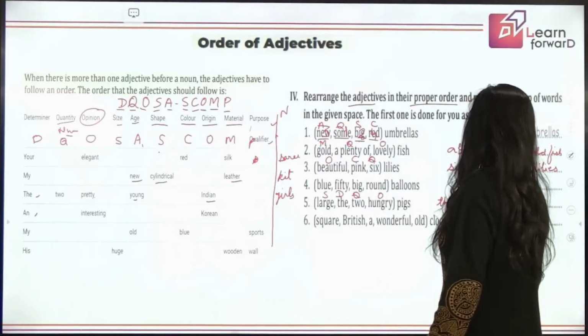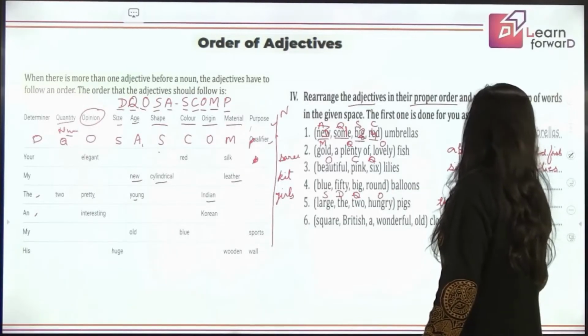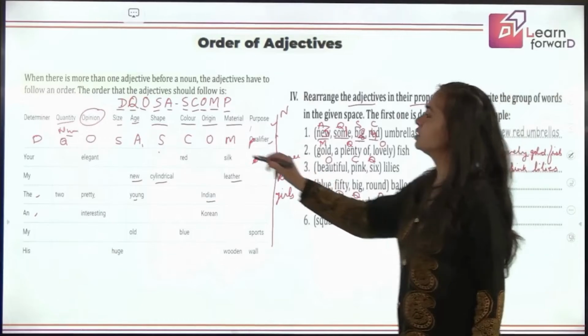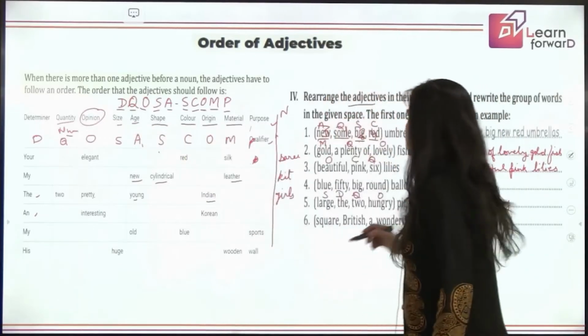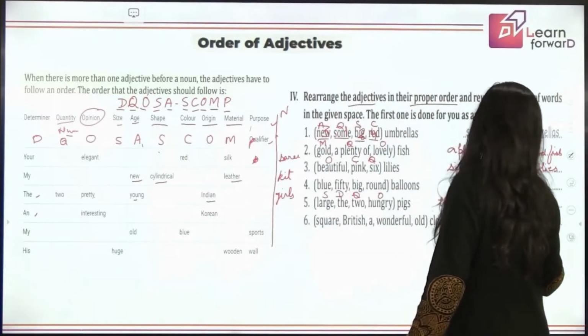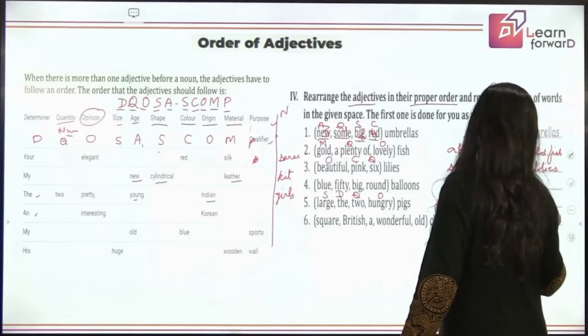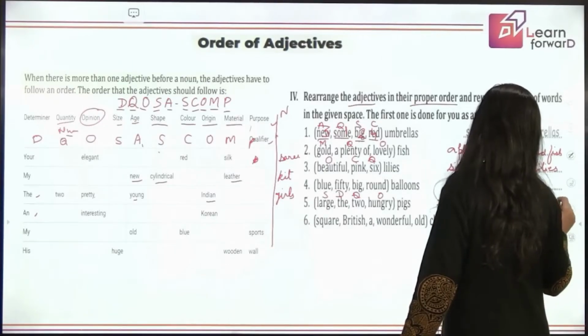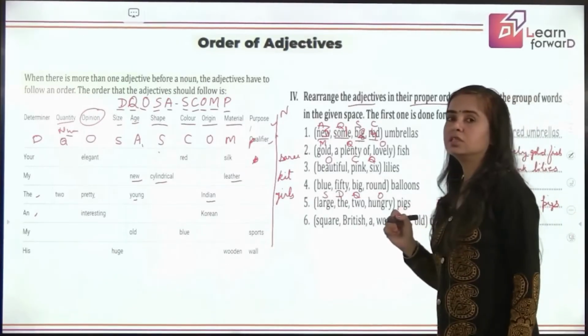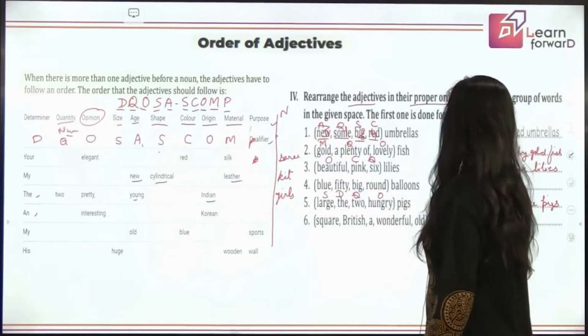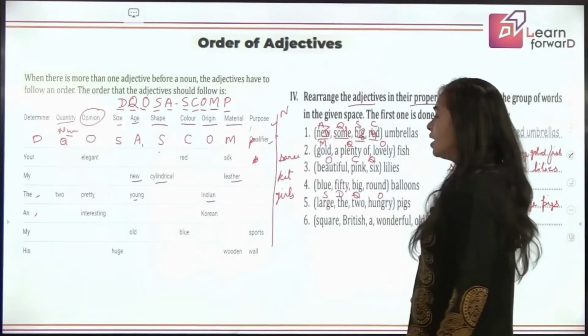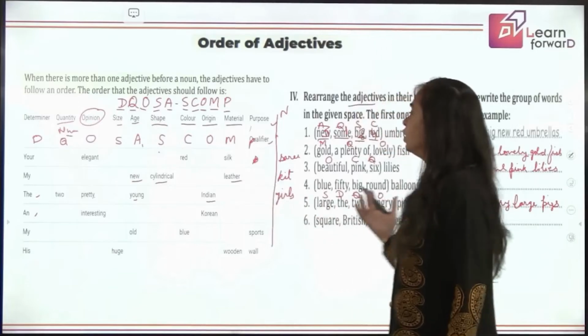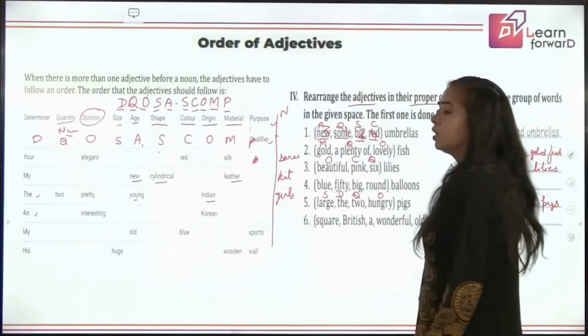The 2 hungry. And then you have the size after opinion. The 2 hungry large pigs. And you cannot change the sequence. If you say the 2 large hungry, that will not give you the correct order.